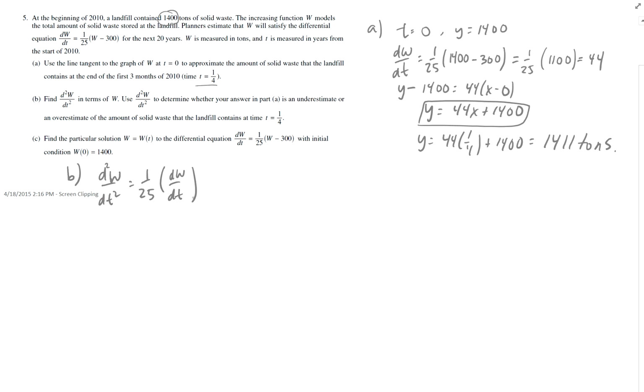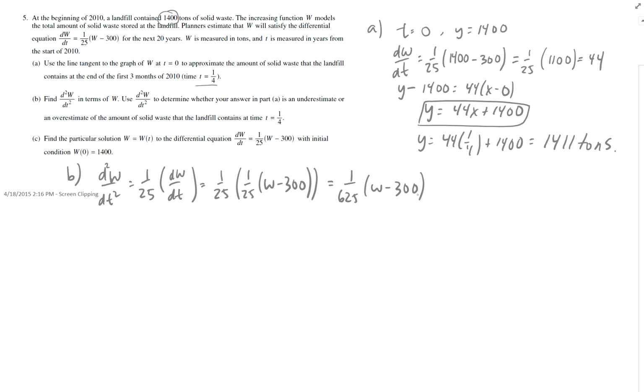So it's just that simple. And what is dW/dt? I know what that is, that's from the first equation. That's 1/25 times (W minus 300). They're throwing some back substitution in on you here. This would be 1/625 times (W minus 300).